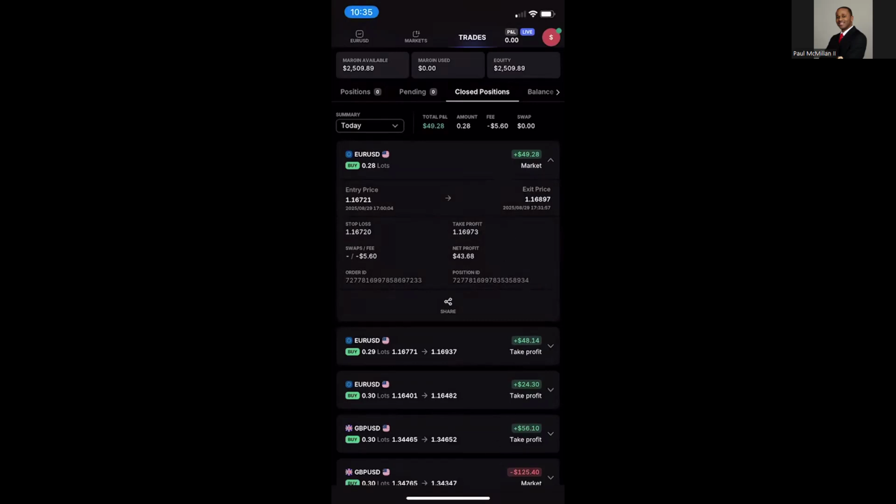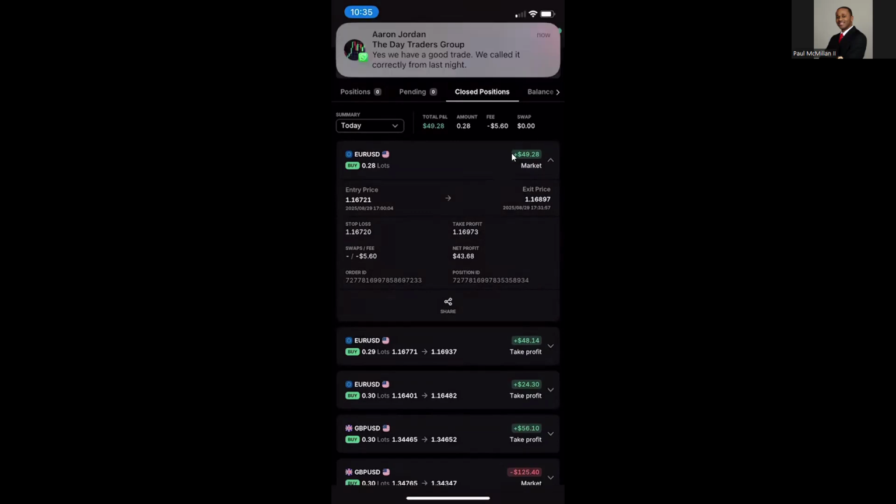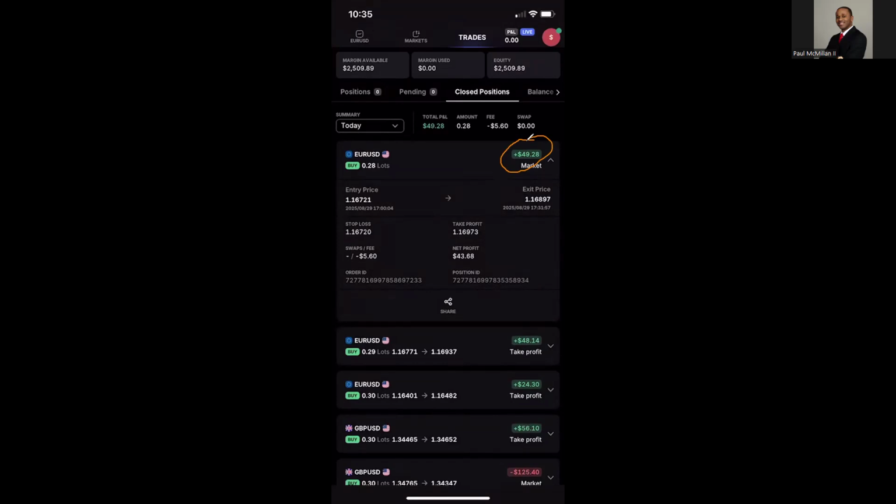So we put our account back into the green because we started at 2,500. Now we're at 2,509, so we're $9 in profit. But in the trade itself, we made $49.28. So that's progress.